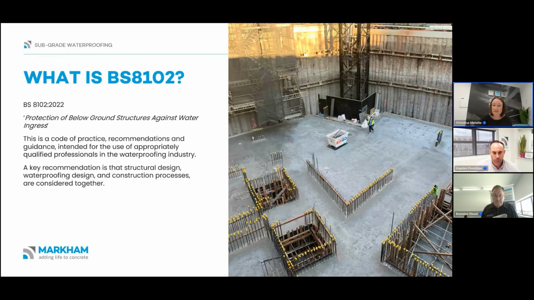As it says, it's a code of practice. It's a guide, and Australia and New Zealand are influenced by this, which we're going to get into in the next slide.